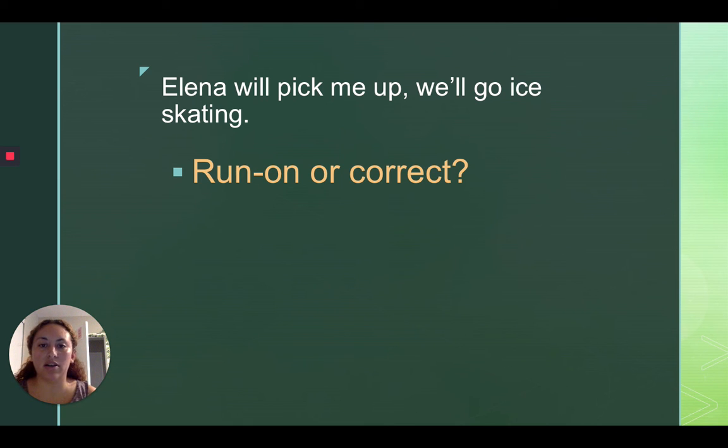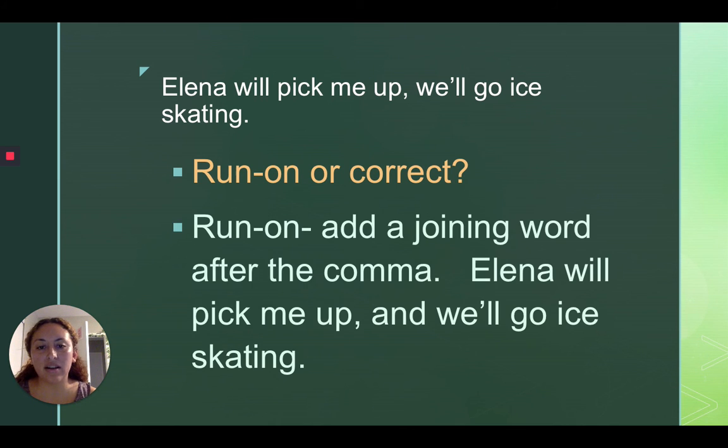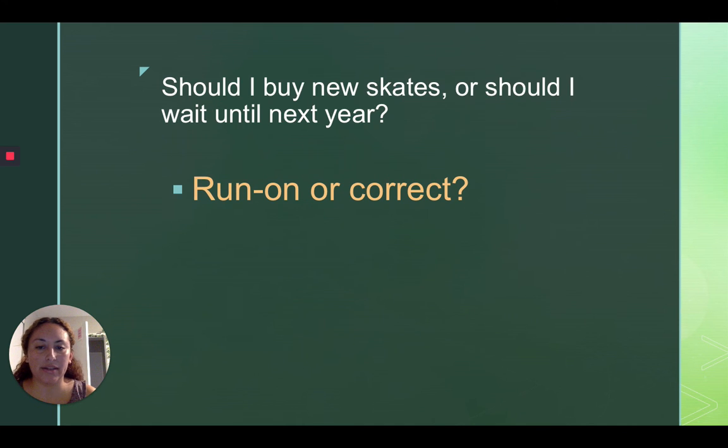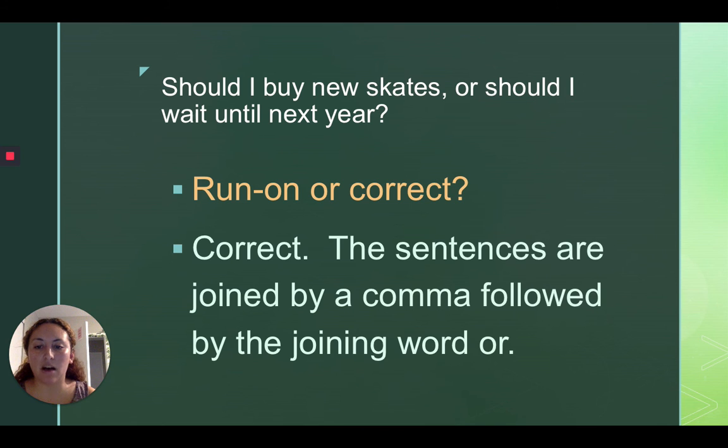Is this run-on or correct? You got it. It's a run-on, and you need to add a joining word after the comma. Elena will pick me up, comma, and we'll go ice skating. Next example. Should I buy new skates or should I wait until next year? Is this run-on or correct? This is correct. It has a comma followed by a joining word.